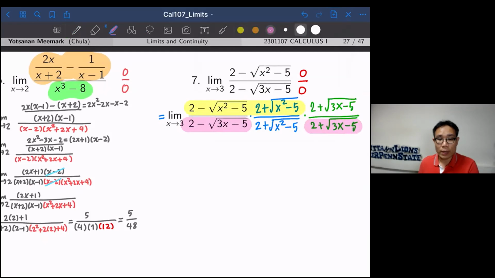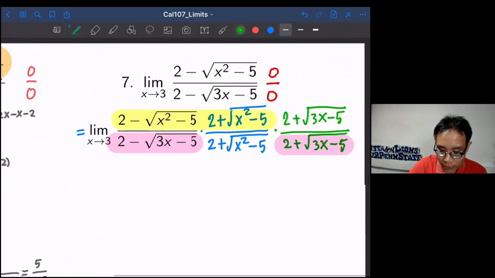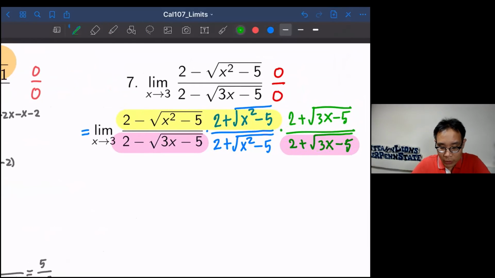So the yellow guy and the pink guy will be multiplied together, and the thing that you end up having left turned out to be only the green guy and the blue guy.